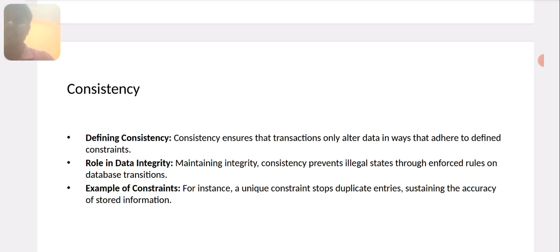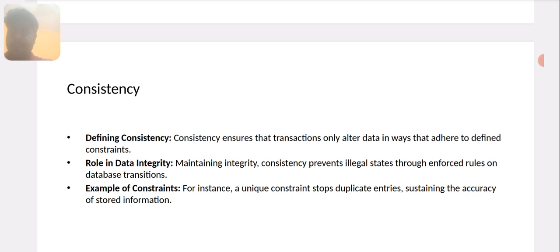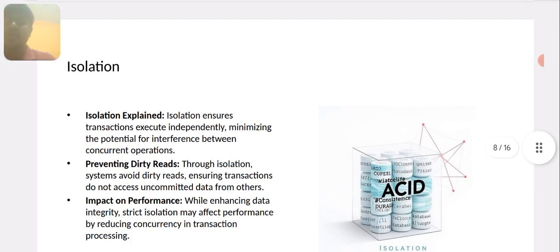The role in data integrity: maintaining integrity prevents illegal states, as they enforce the rules on database transitions. For instance, a unique constraint stops duplicate entries, sustaining the accuracy of stored information.